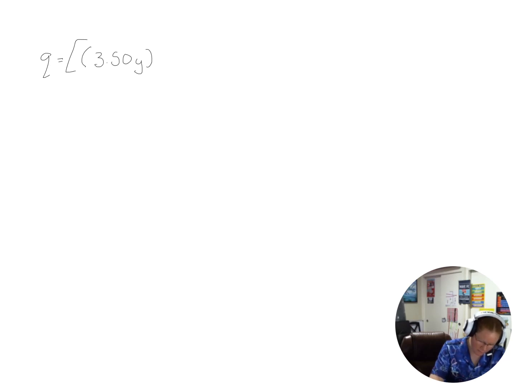Let's calculate this. All right, so we have 3.50 grams of water times our 333 joules per gram for our delta H of fusion, plus we still have the same sample.